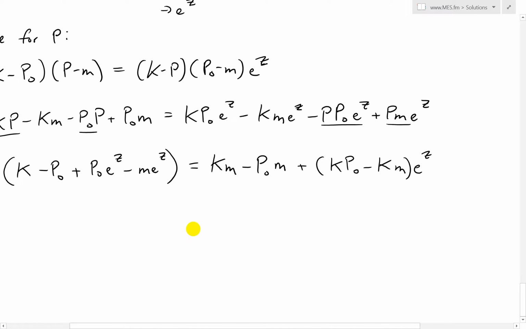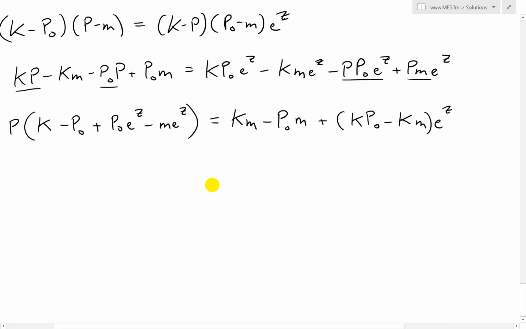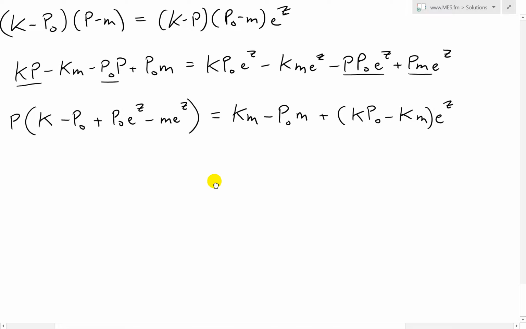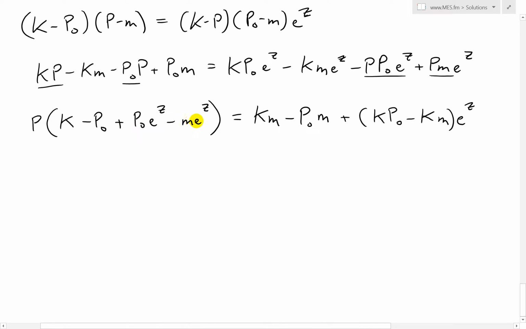So this is simplified further, and now let's simplify this one inside a bit more. So we have p, and then inside here, we could factor out this p0. Actually, no, we can't factor out the p0. There's an e to the z there, and there's an e to the z there, so it's better to factor out the e to the z. So we're going to have a K − p0, that's the first part.